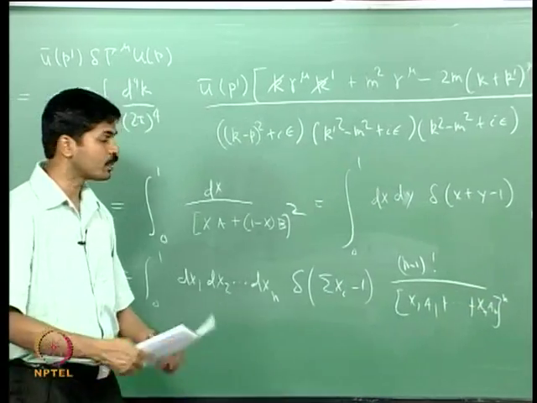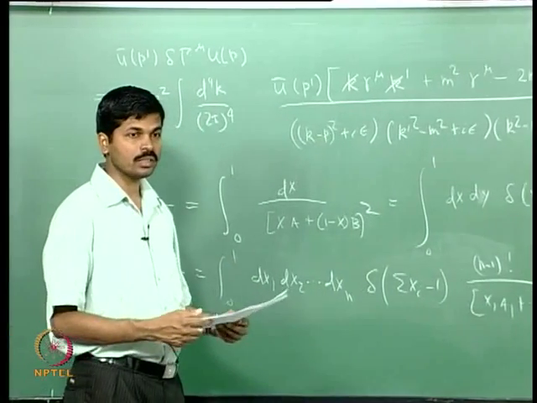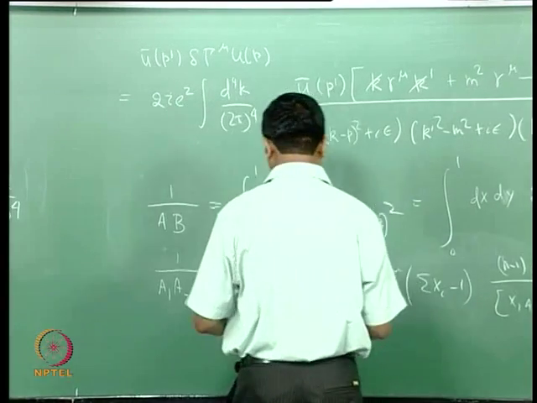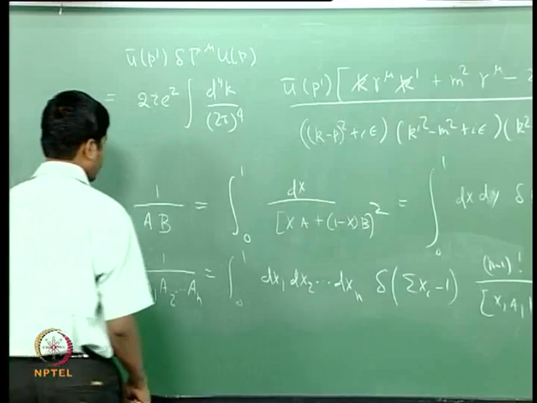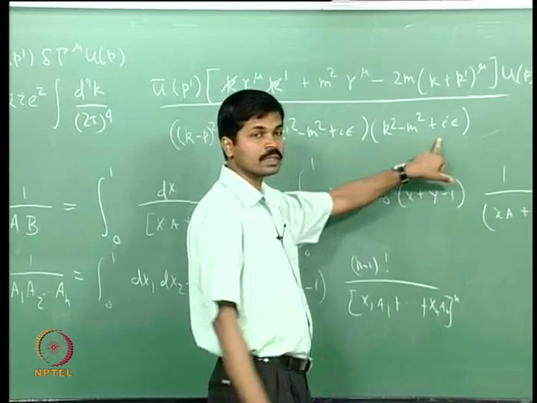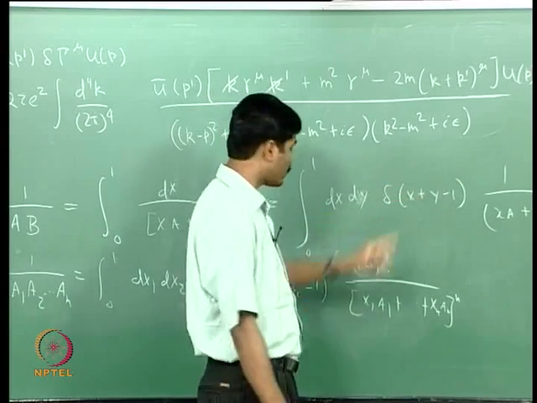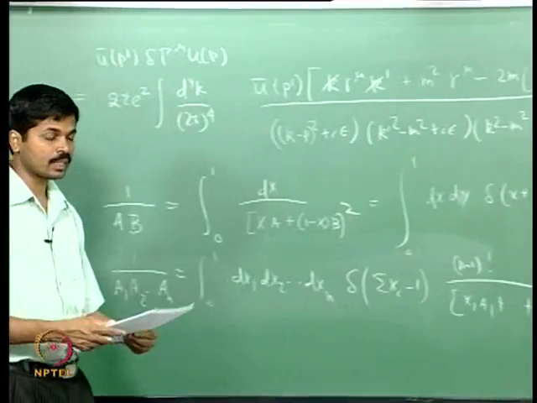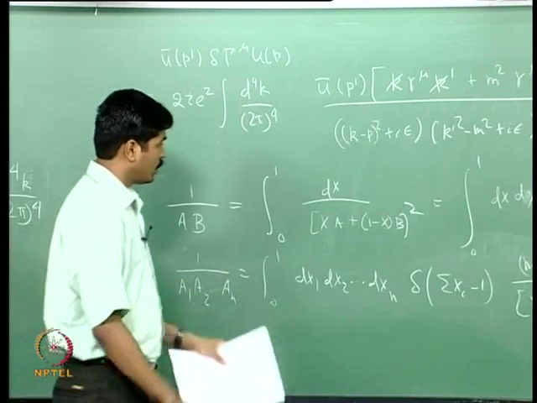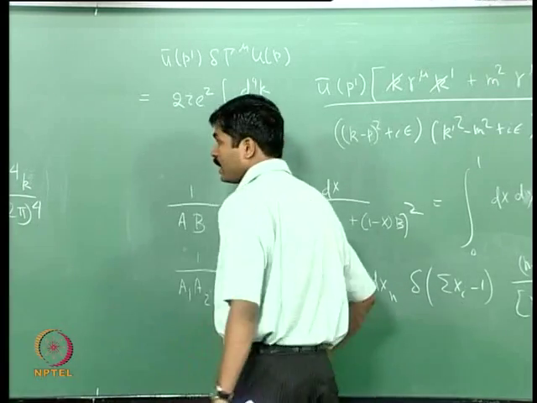Okay. You can prove this formula by induction. I will not prove it for you, but we will use this formula to express this denominator in terms of integration over x, y, z. So let us do that.